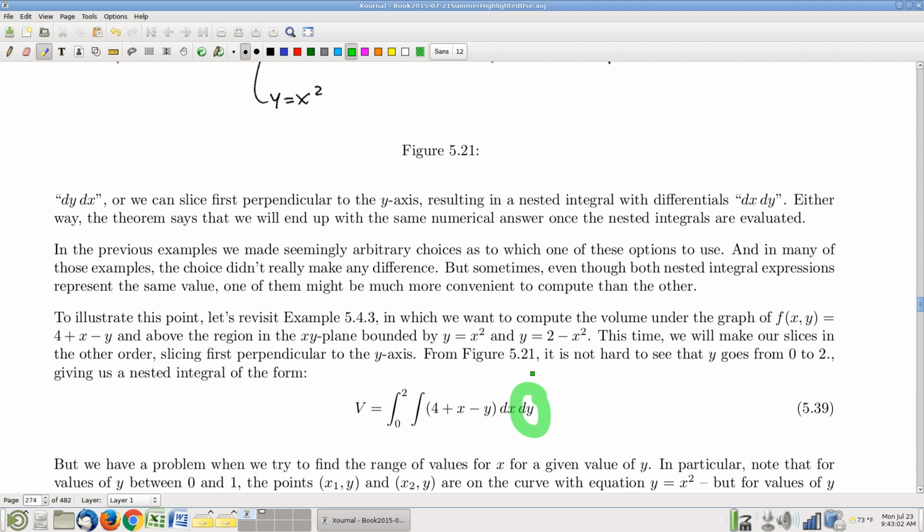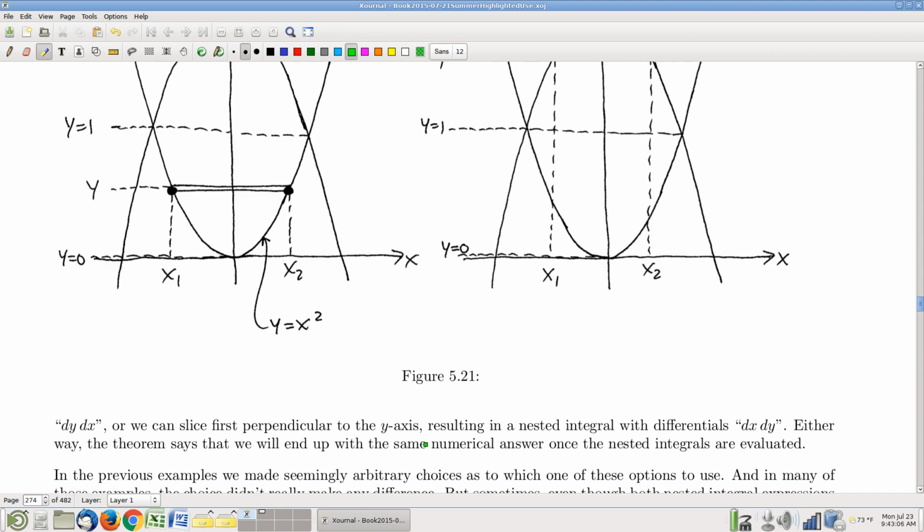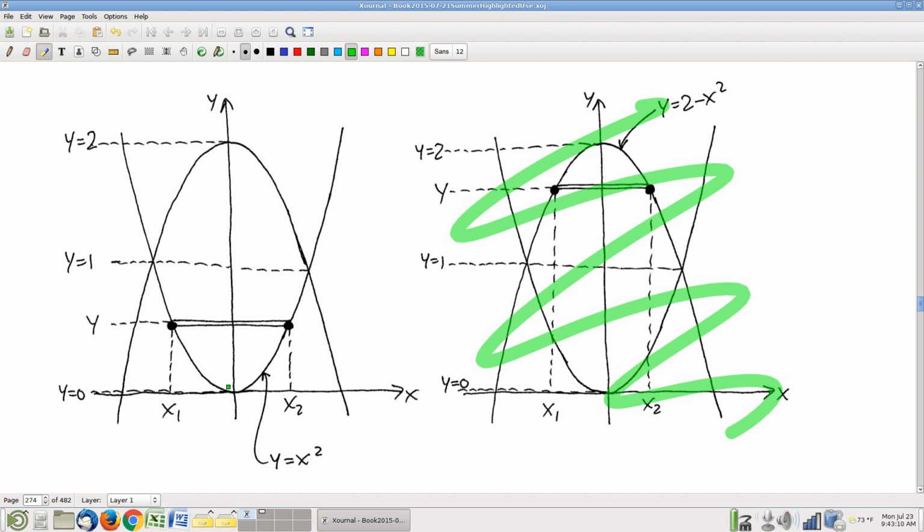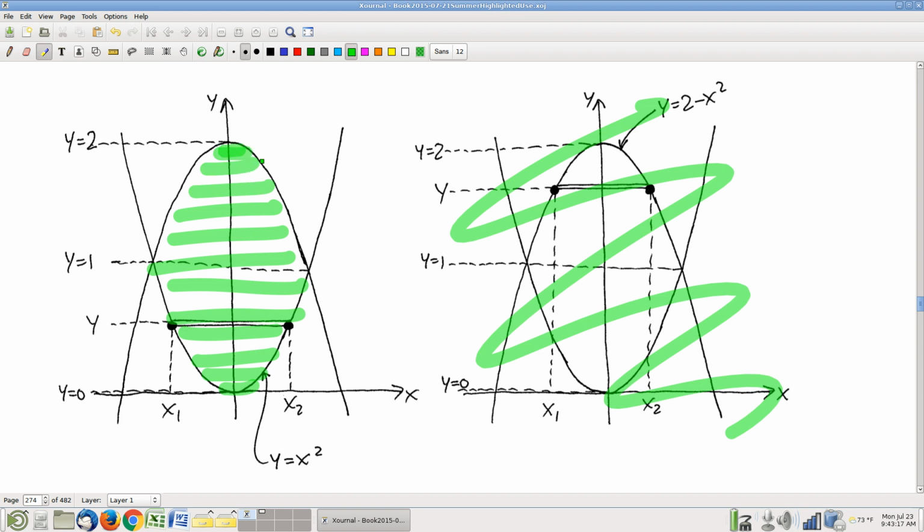So my dy integral is going to be the outside integral, and so we come up here and say, okay, slicing perpendicular to the y-axis. There's our slicing. Go through the usual algebra. This lower bound comes from that point, that curve, blah blah blah, y equals 0. The upper bound is going to come from this point, which is on that curve, which, blah, blah, blah, algebra process, and we get y equals 2.